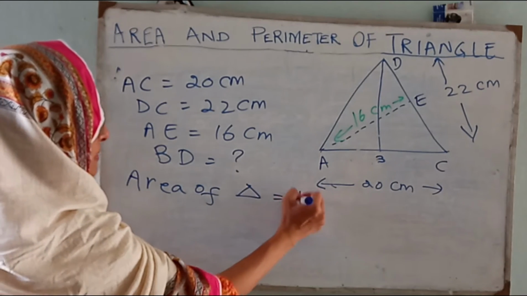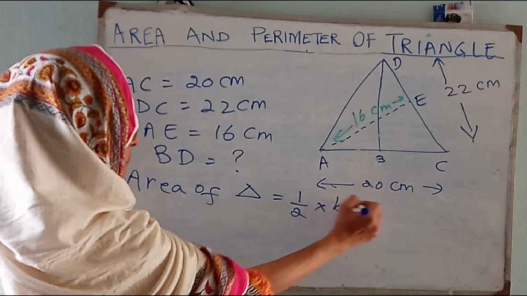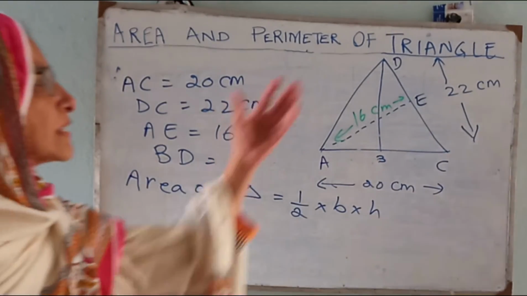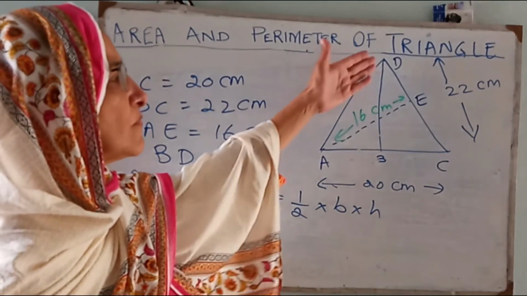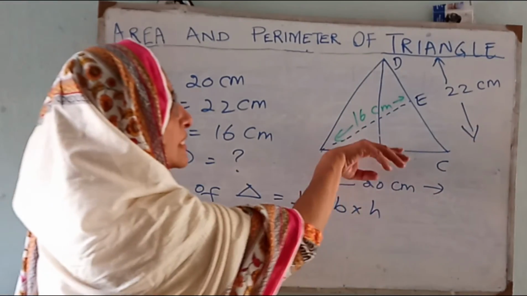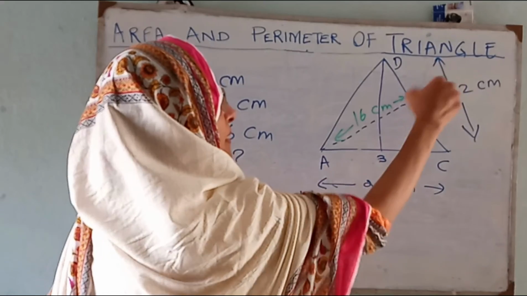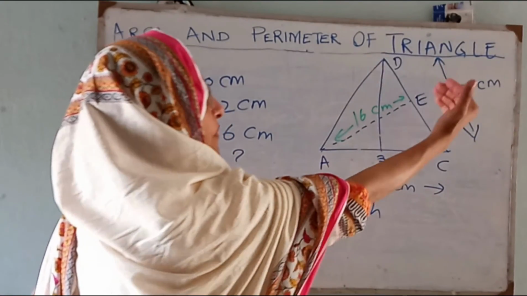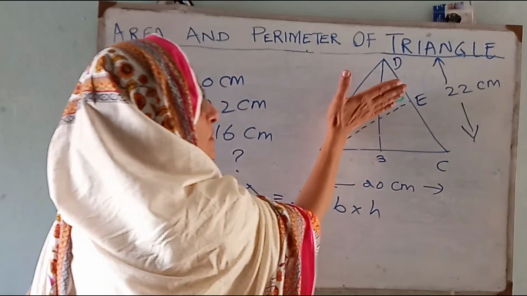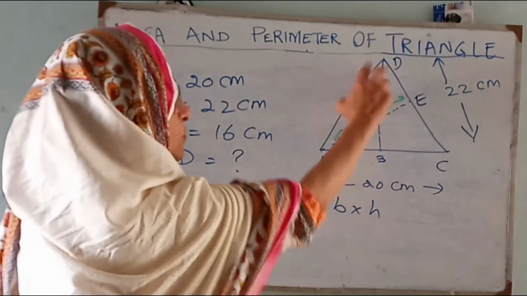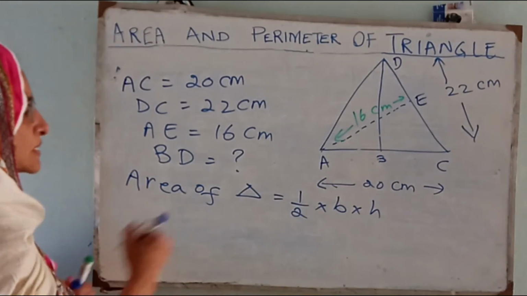Area of a triangle is half base multiplied by height, and this is only one triangle in which we are given two heights. If we take this as the base, this will be the height. If we take this as the base, this will be my height. So the area for these two will be the same.